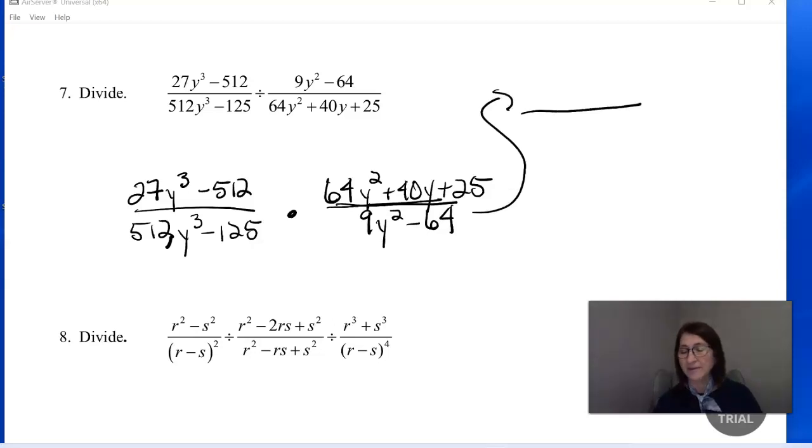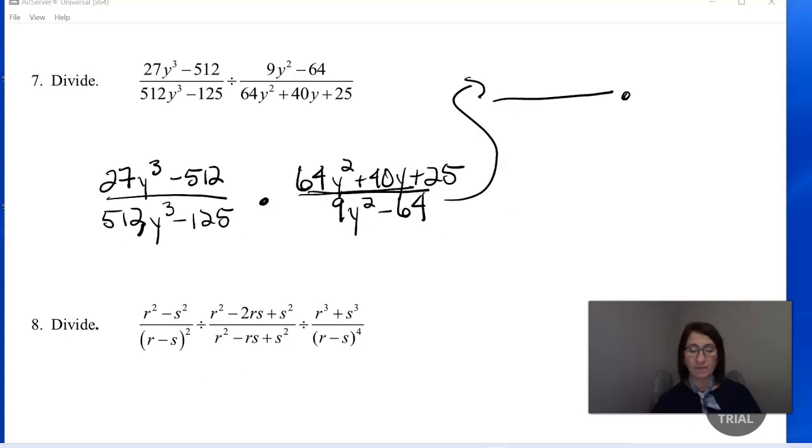So I'm going to have 2 rational expressions. So let's take that 27y cubed minus 512. Let's do it in a different color. Our a here is going to be 3y. 3 cubed gives me 27.